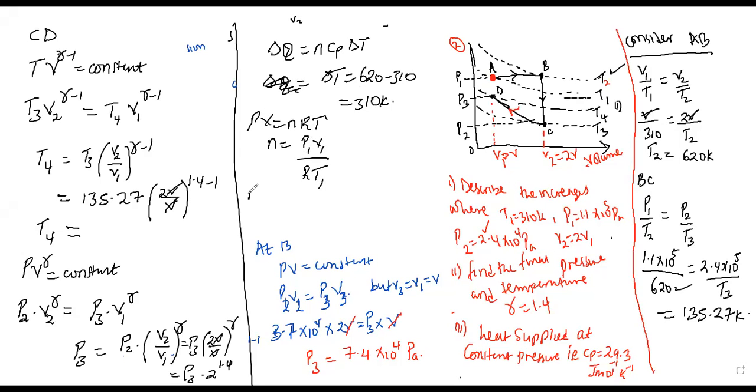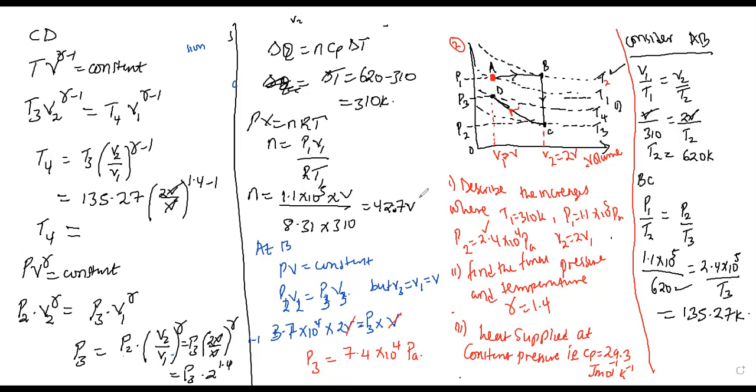So you can find n, which is going to be 1.1 times 10 to the power 5 times V over 8.31 times 310, which will give us 42.7 V. Because we don't have the value of V, we shall express the number of moles in terms of V.